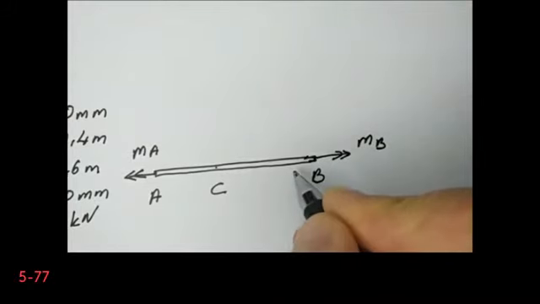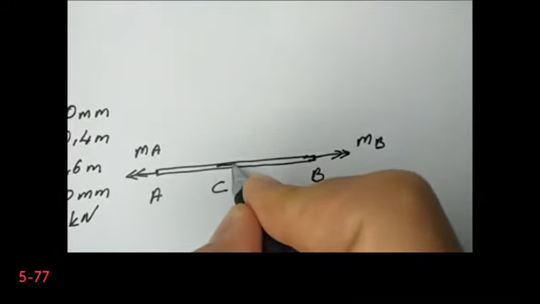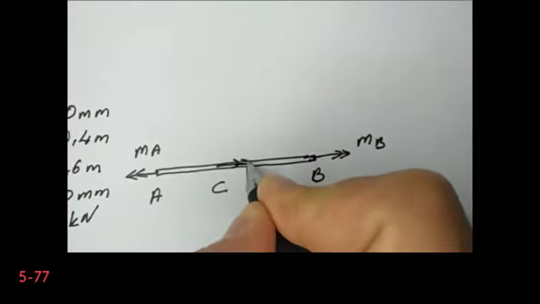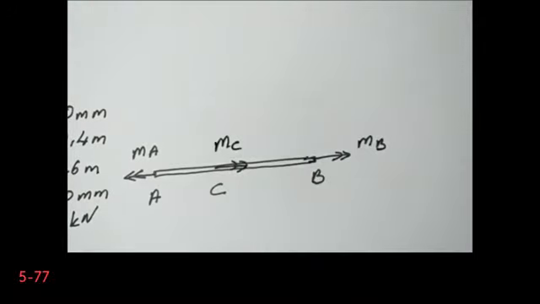In fact, this force couple will generate torque in counterclockwise direction if I look at the system from point B. Therefore, it is in this direction. Okay, so this is my free body diagram.